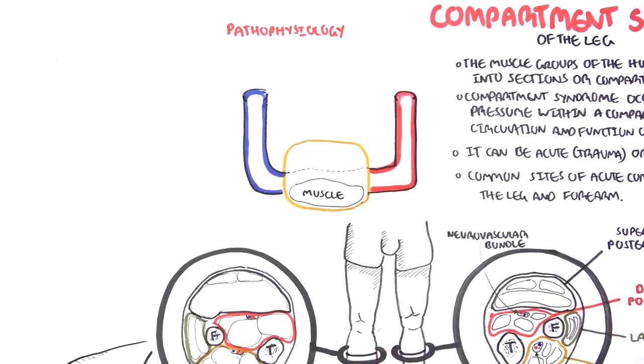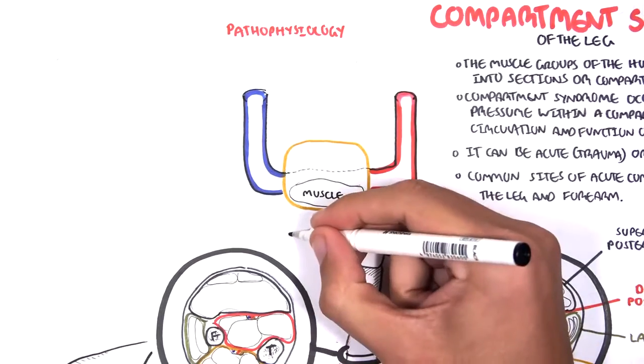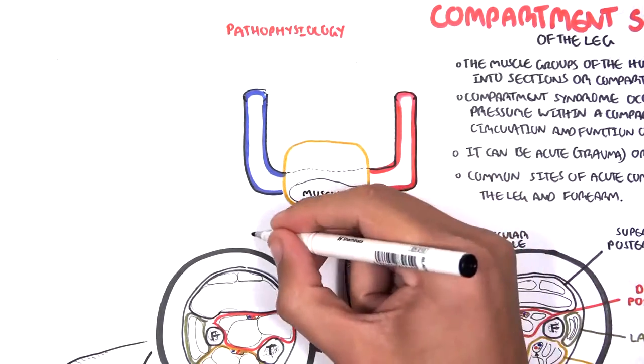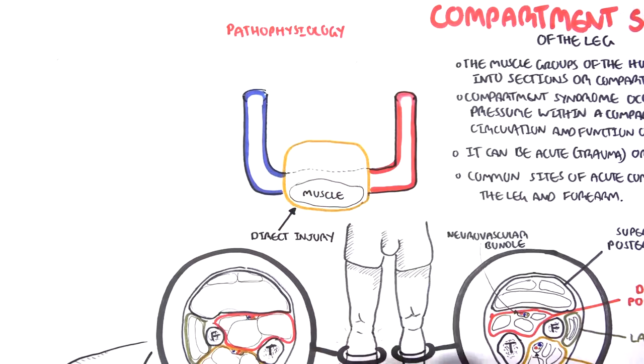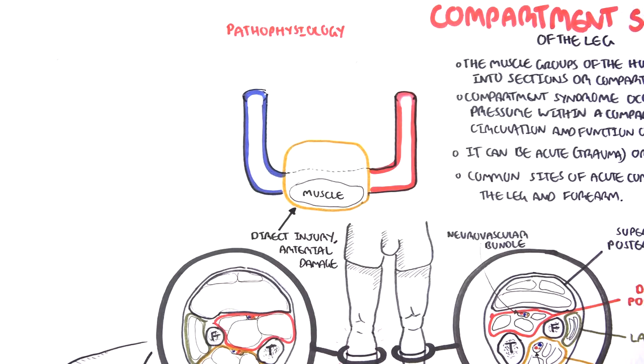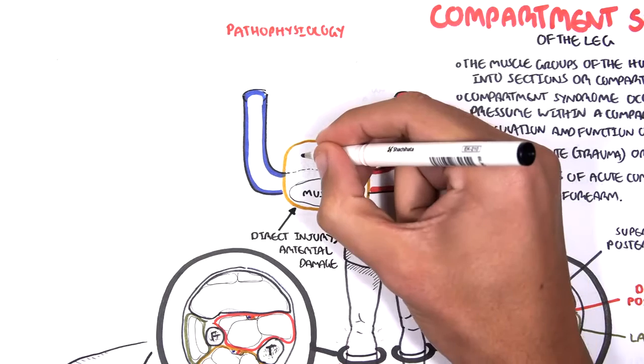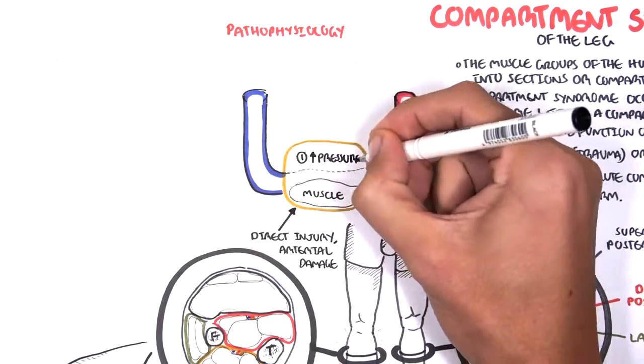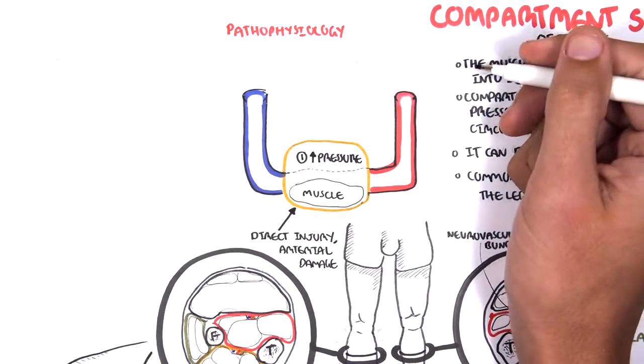Many things can trigger acute compartment syndrome, but let us say for simplicity's sake there is direct damage to the muscle or arterial injury in the muscle. This will cause some form of inflammatory reaction, which will eventually cause fluid to shift into the muscles, causing compartment edema. This increases the pressure.